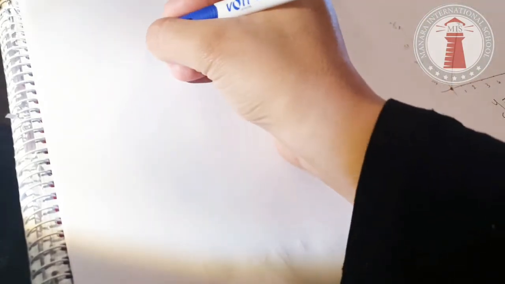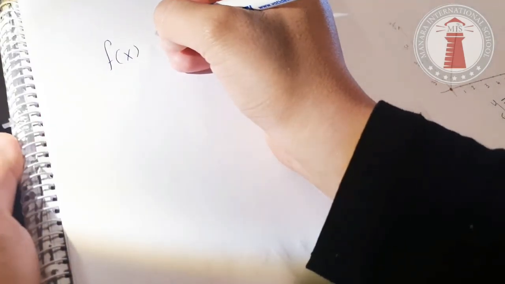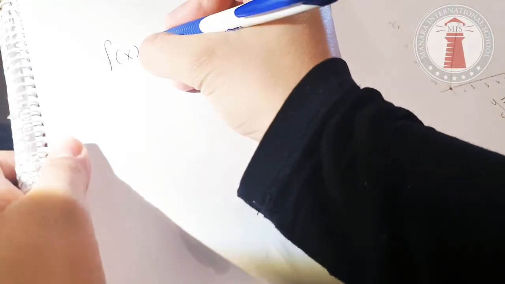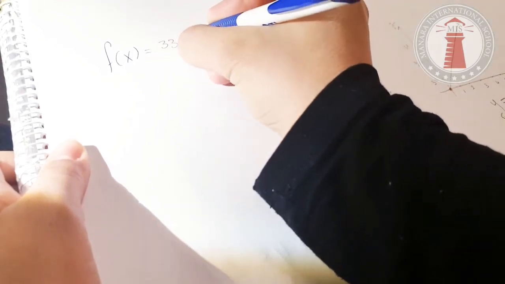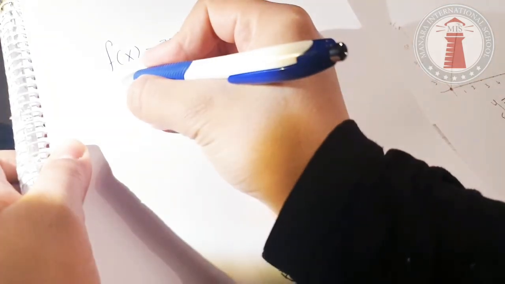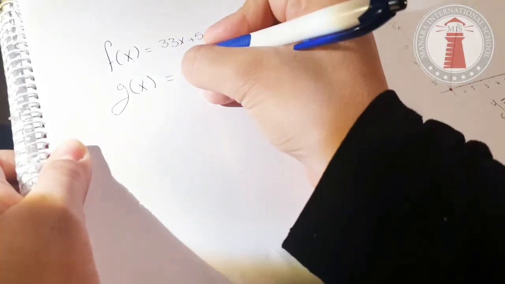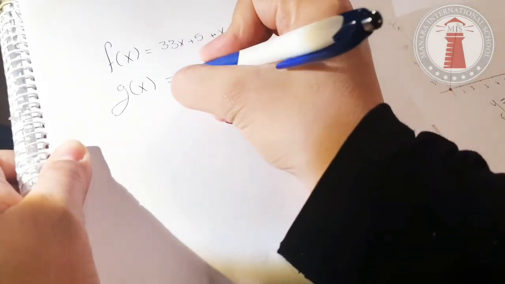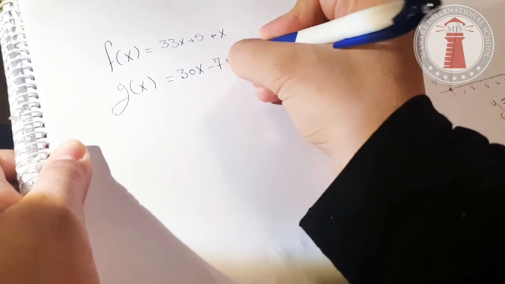The first one was f of x equals 33x plus 5 plus x, and the next one was g of x, that is equal to 30x minus 7 plus 4x.